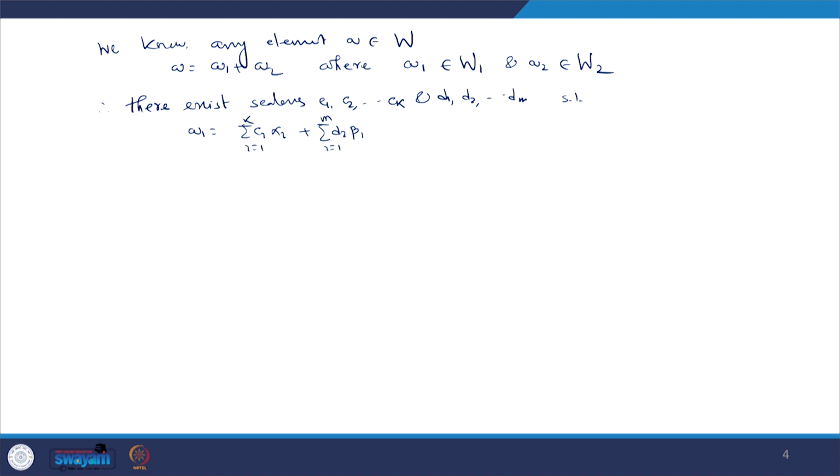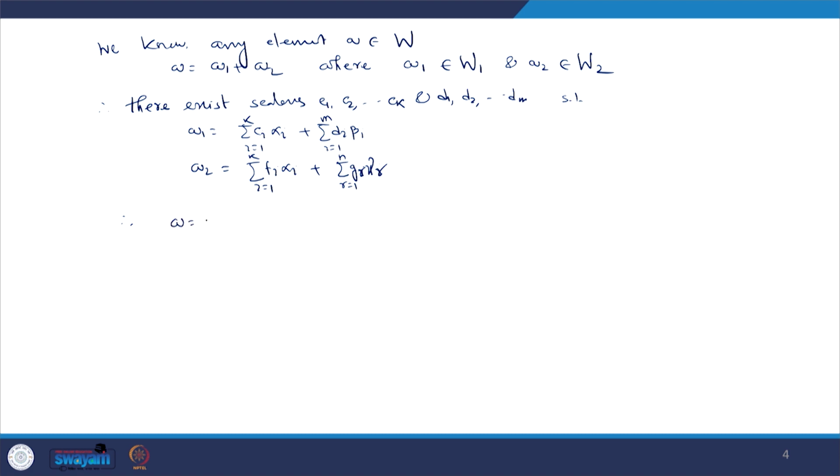Okay. So, these Ci and Di belong to the corresponding field. Similarly, one can have a linear combination like this: suppose w2 is equal to sigma Fi alpha i, i equal to 1 to k, plus sigma Gr gamma r, r equal to 1 to n.